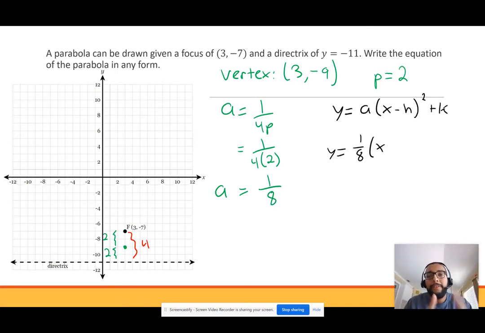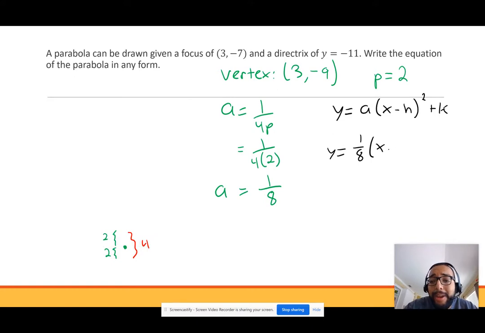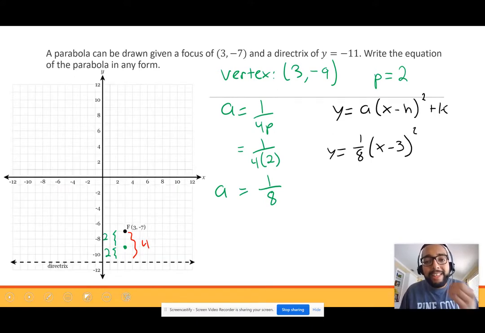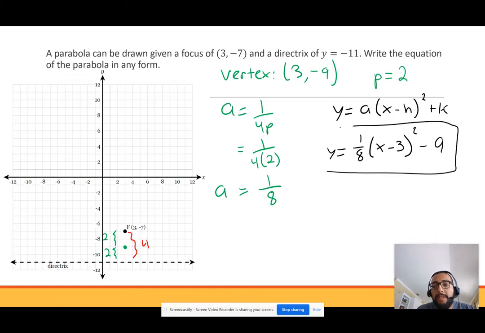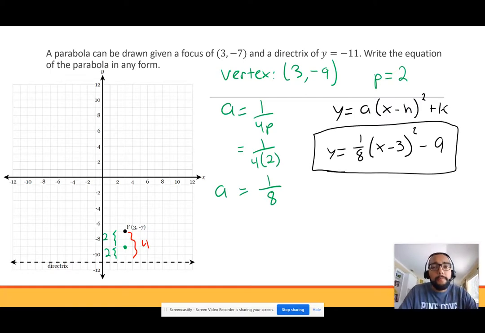Remember, the x value of the vertex is opposite h. So x minus 3. Sorry about that little edit. That was weird, I know. PowerPoint was messing up. But yes, the k value is just the value of k, which is -9 in this case, which gives me my equation.